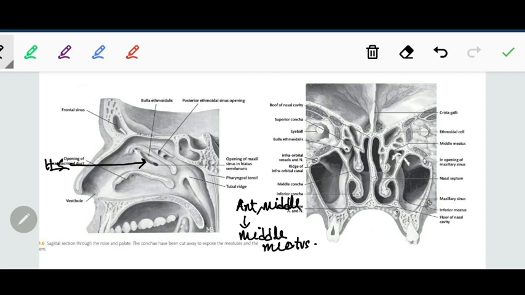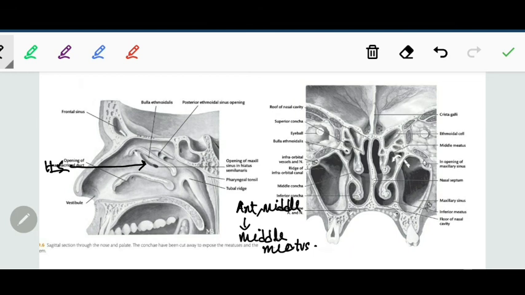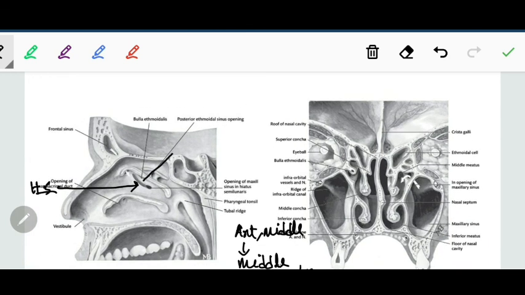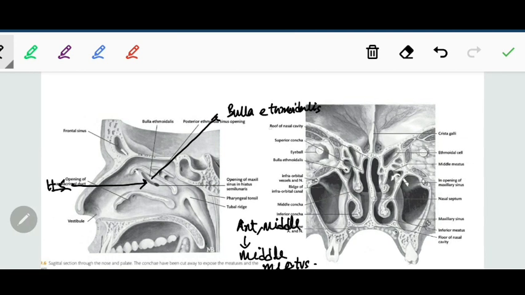Hiatus semilunaris is the site for opening of the anterior ethmoidal air sinus, and the middle one opens on the bulla ethmoidalis, which is a kind of bulge above the hiatus semilunaris, providing the site of opening of the middle ethmoidal air sinus.